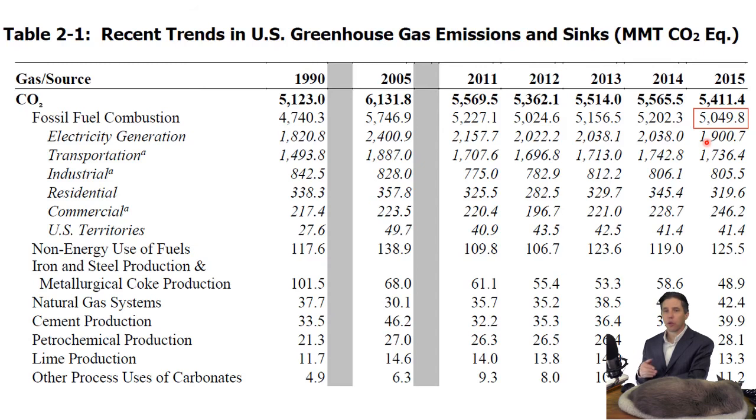So we produce more CO2 from generating electricity by burning fossil fuels than we do, say, burning fossil fuels in our cars. Cars, ships, airplanes, etc., that's transportation. That's number two. So number one, generating electricity. Number two, transportation. And then it breaks down further from there.